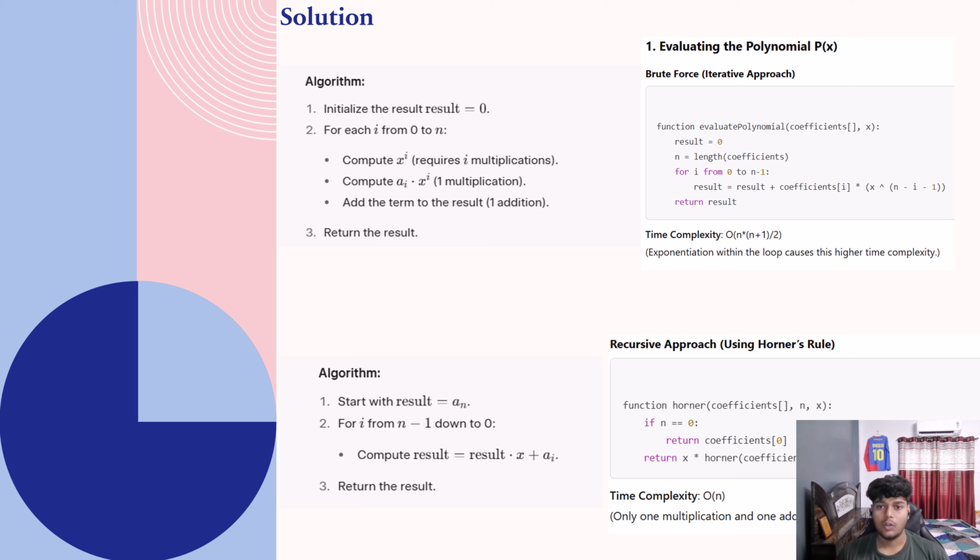For example, a polynomial like 3x^3 + 2x^2 + 5x + 1 is evaluated at x = 2. Horner's method computes it as ((3*2 + 2)*2 + 5)*2 + 1, which is much faster than computing each term separately. This method is widely used in numerical software libraries because of its efficiency, and we included pseudocode for both methods.